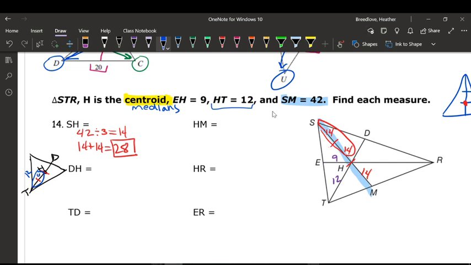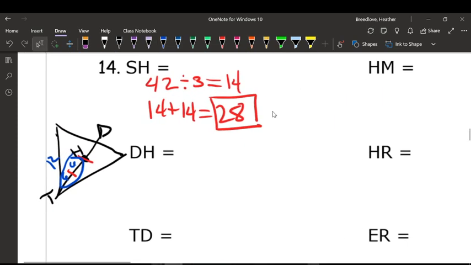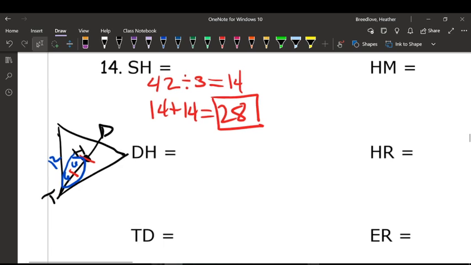So this one is 6, and this one is 6, and I know all 3 pieces of the median are the same. So I split the 12 in half. That means the 3rd piece is also 6, because they're all equal. So DH is 6.